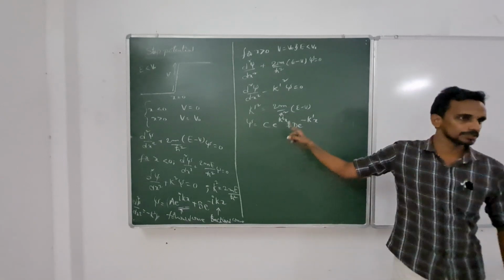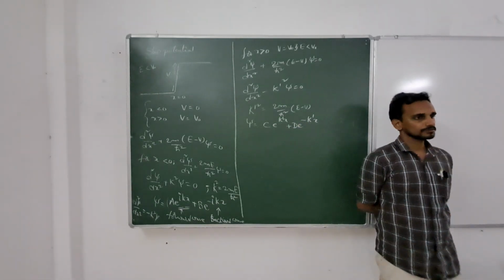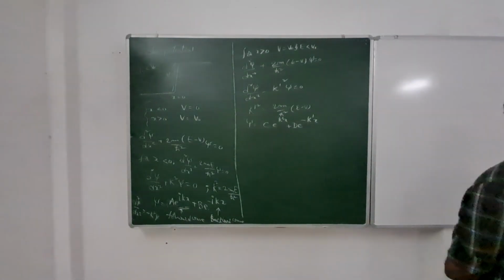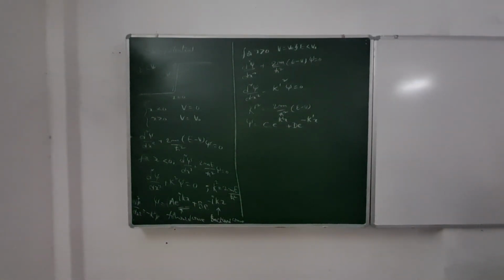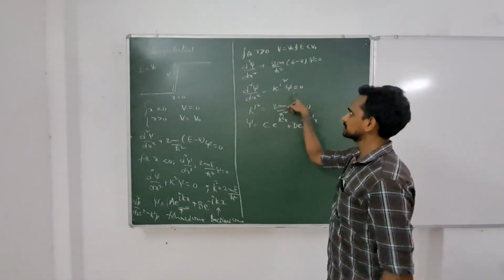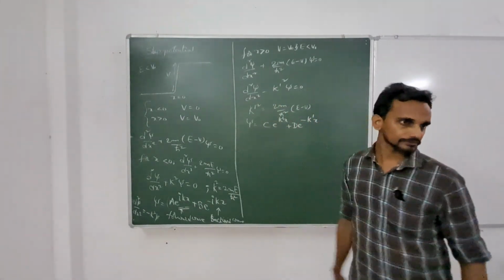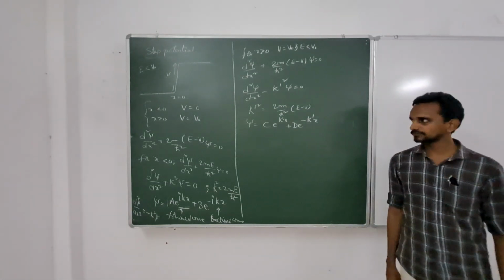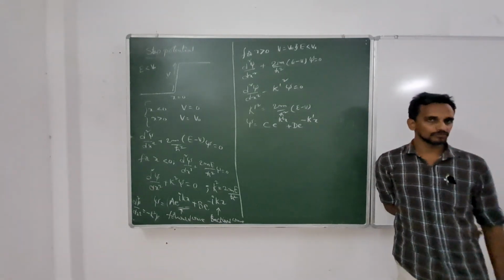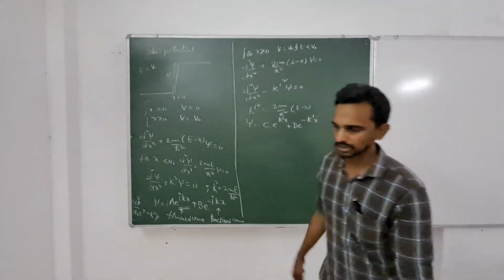If you double derivative this, you get plus k². So d²ψ/dx² is k'² ψ. So these are the possible solutions. And we need to fix whether both exist or any one.